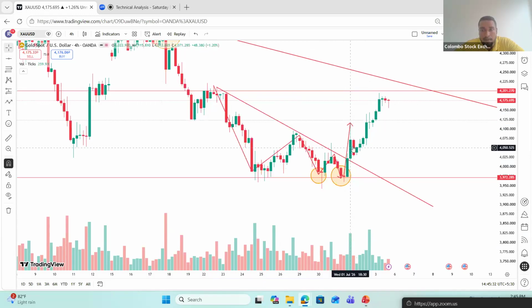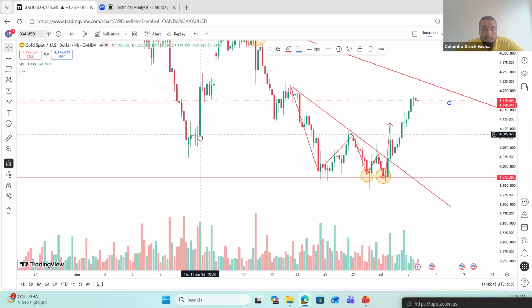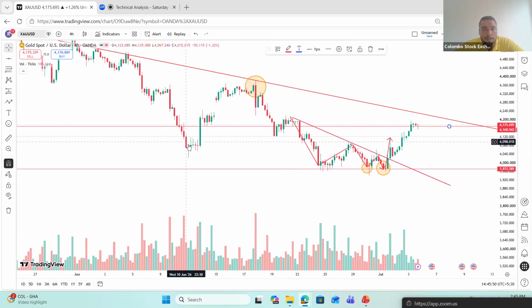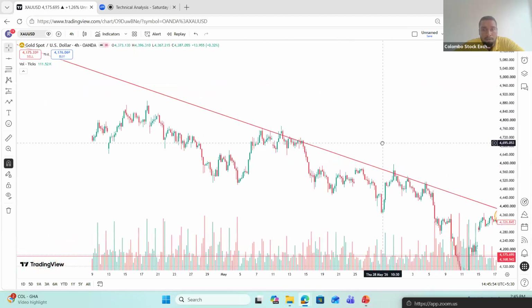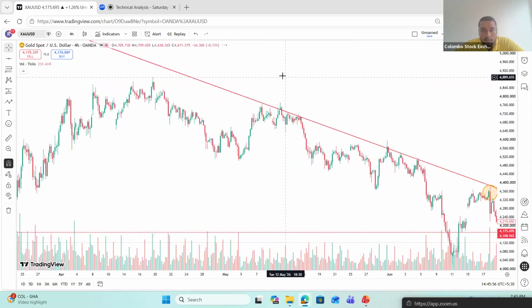This is the breakout candle from this trend line, and you can confirm that the trend has reversed. Also you see dojis at the bottom of the downtrend, and here also you see dojis, and that's also a reversal. At the top of the trends also you can see dojis.